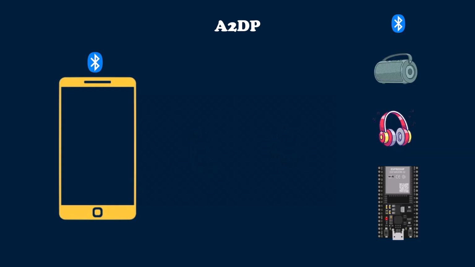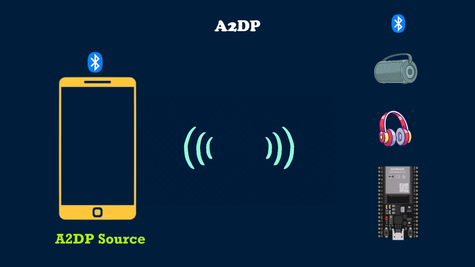Now, in our case, your phone will be the A2DP source, meaning it sends the music, and the ESP32 will act as the sink. Basically, it receives that audio stream. Pretty straightforward, right?